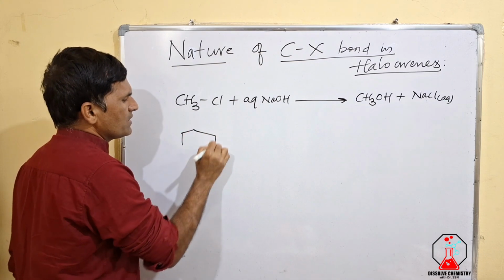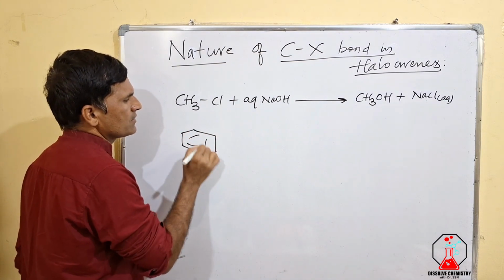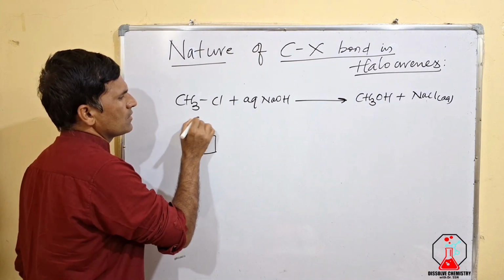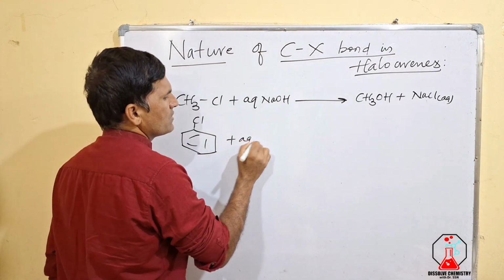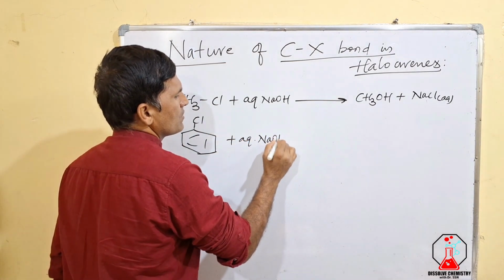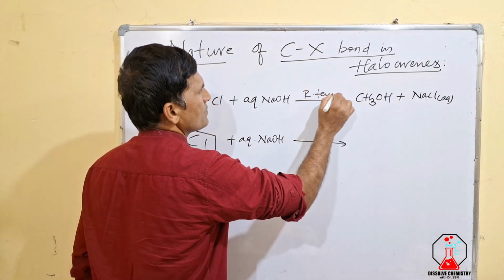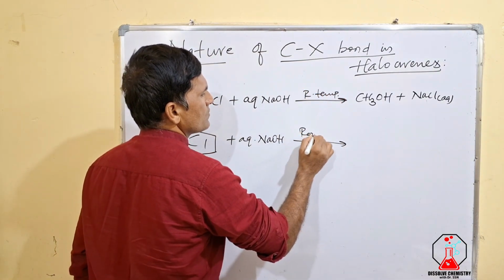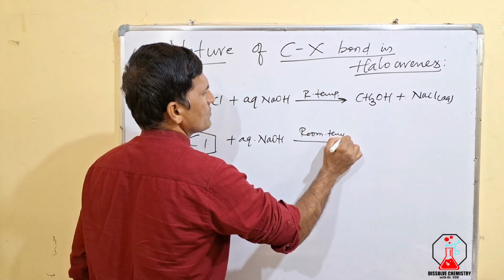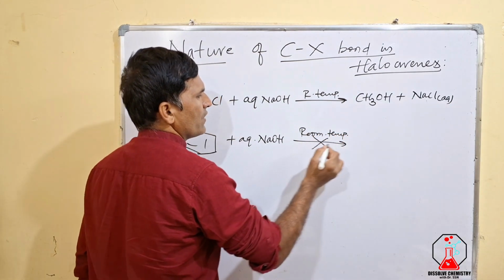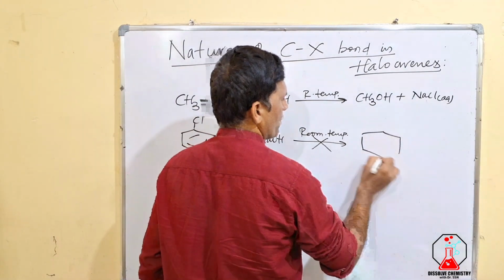Similarly, if you take chlorobenzene and try to get the product, plus aqueous NaOH under room temperature, this reaction will not occur to give you the phenol.